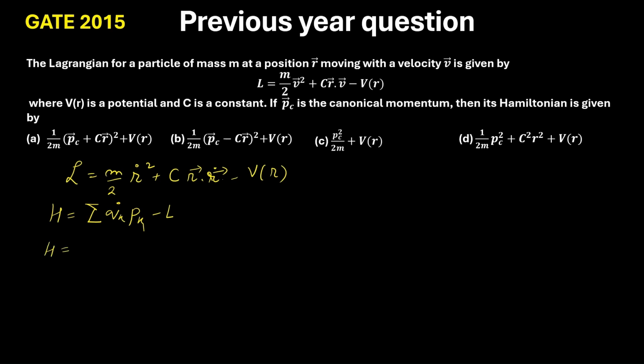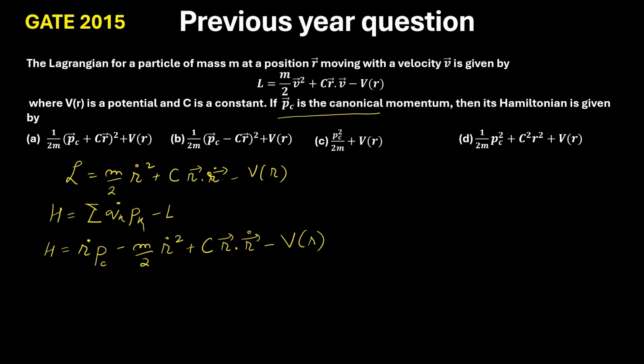If I substitute, it will be r dot p. Here they have given pc as the canonical momentum, so I will use this notation pc here, minus of m by 2 r dot square plus c r vector dot r dot vector minus v of r.